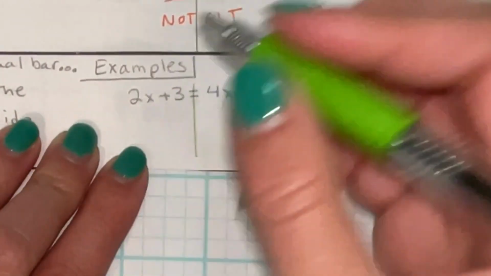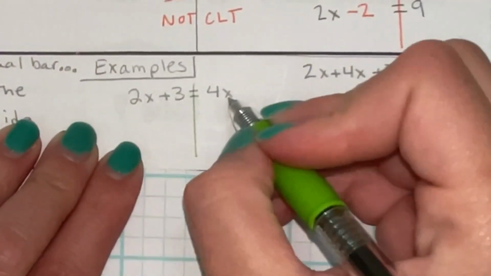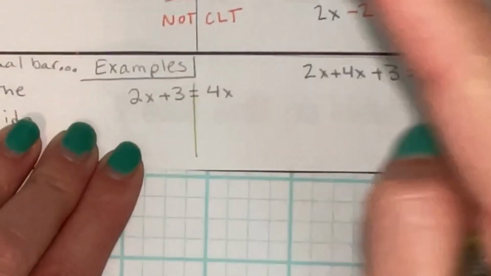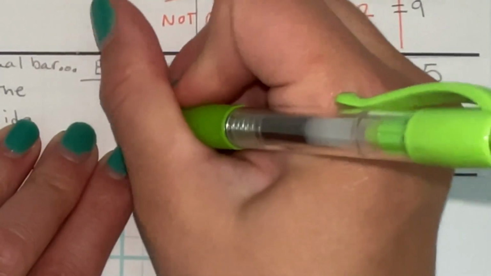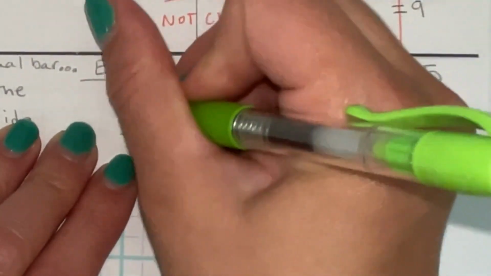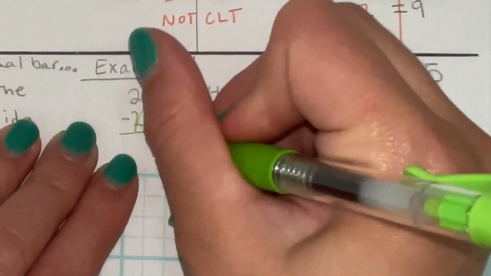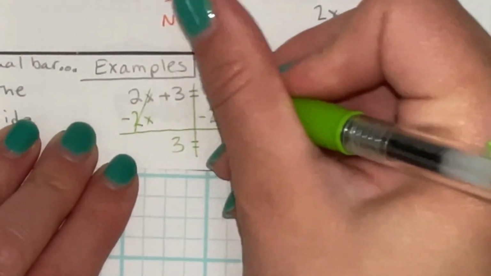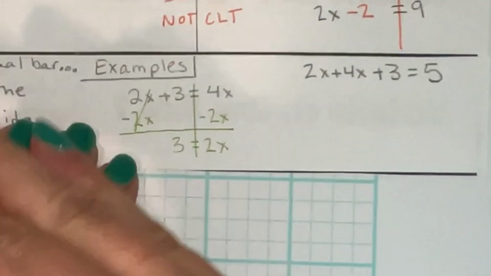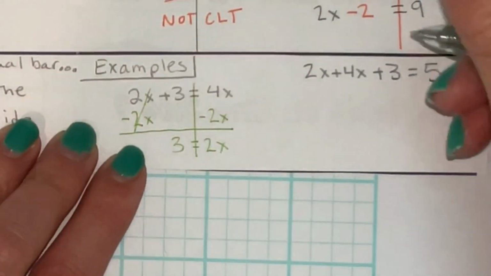So what I want to do is move this 2x to the other side. Now, when we move something from one side to the other, you do the opposite sign. So because it was a positive 2x, I'm going to minus that 2x. Those eliminate. 3 is left. 4x minus 2x, 2x. So that's what happens when the variable's on opposite sides of that equal bar.